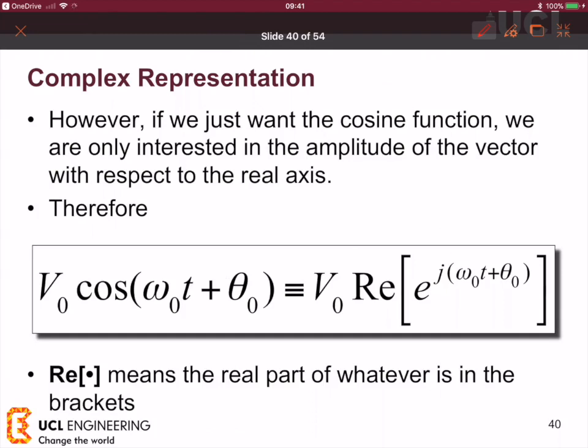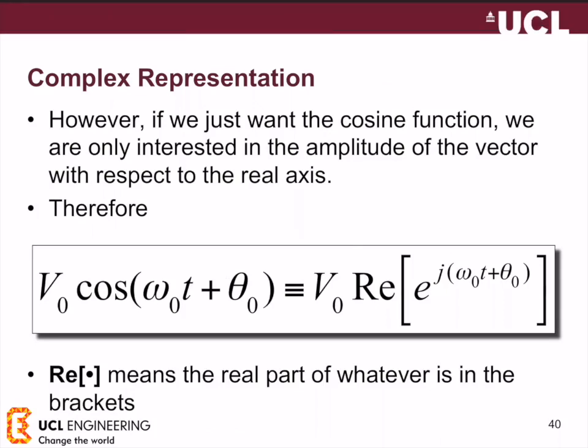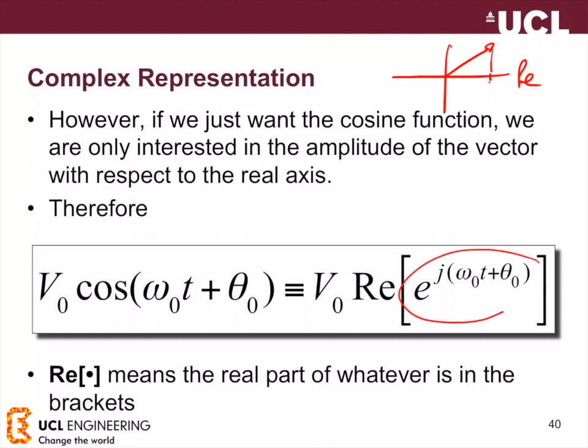But as we said, the cosine that we usually use in our signal representation was actually a real function. When we looked at the vector, what we were interested in was the line it makes on the real axis to give us our cosine. Now our complex form, this that we have here, gives us this whole vector in complex space. So to find the real part, there are a number of things we could do.